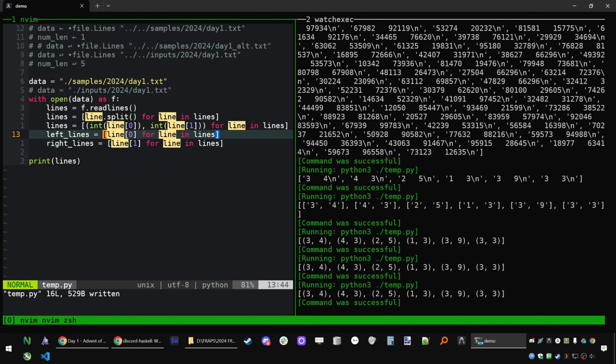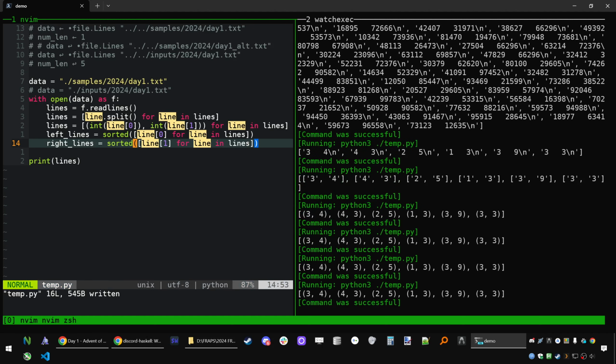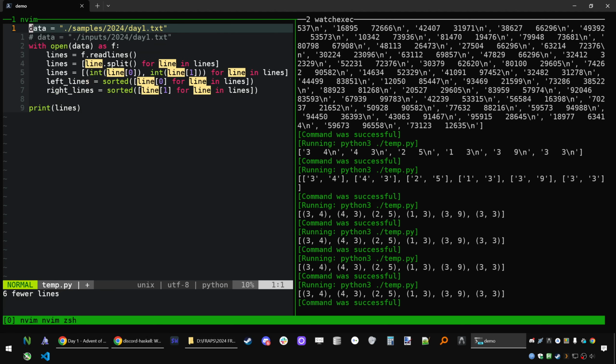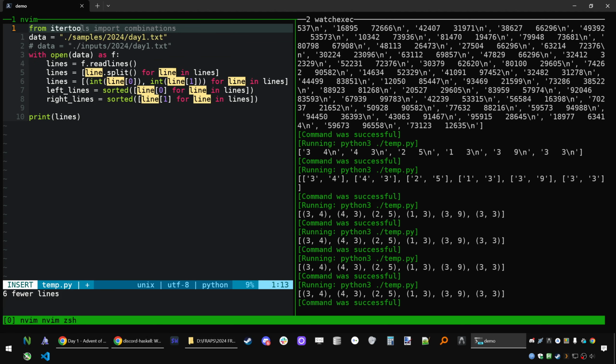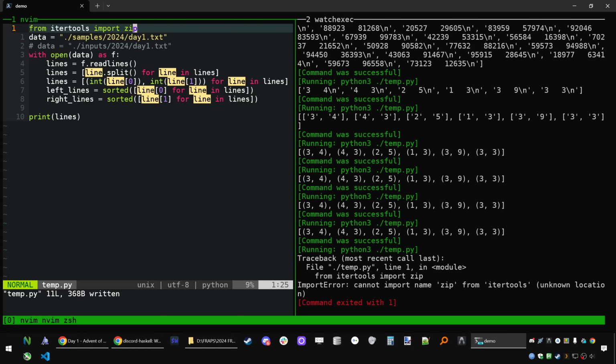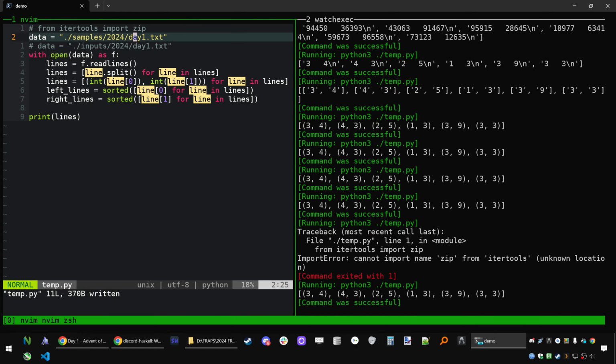Okay, and then you do sorted. Is that any different? Then we're gonna do a zip or something, right? I can get rid of these now. From itertools import zip, or does zip already exist? Okay, zip already exists.